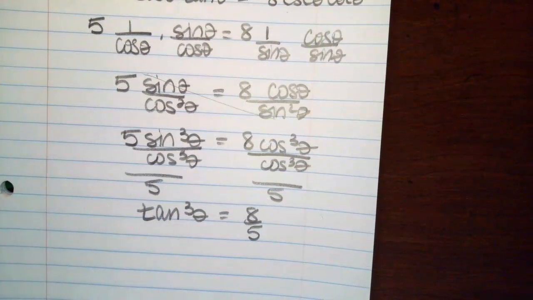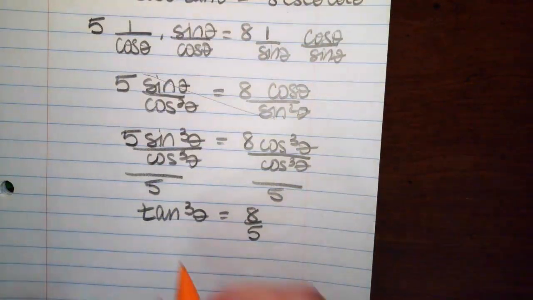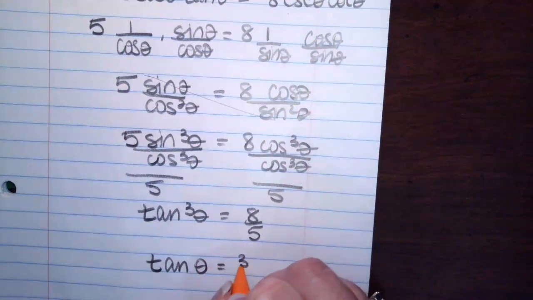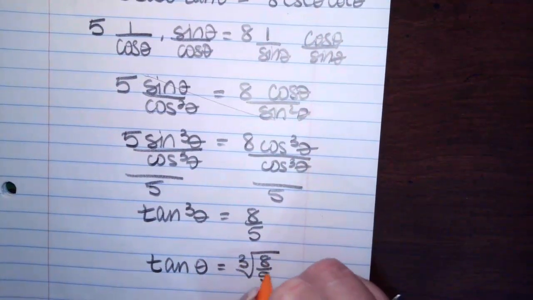So now I am almost done. I need to take a cube root of both sides. So tangent theta is going to equal the cube root of 8/5.